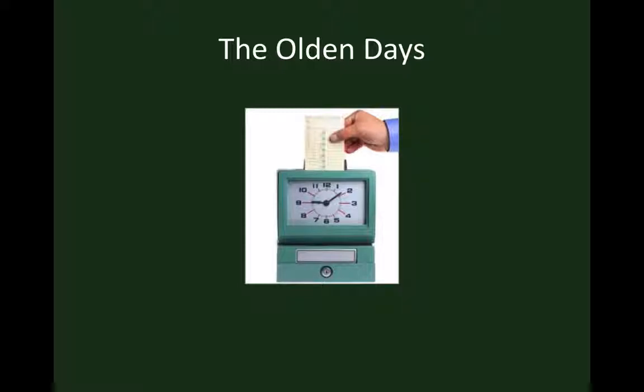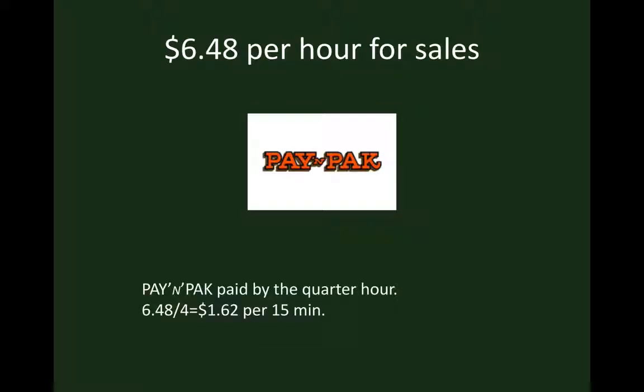This is a punch clock, and that card the man is holding there, I don't know, the hand is holding, would be called a punch card. The way it would work is you put that card in the clock, and then the clock would go chunk, and it would leave a little ink imprinted timestamp on there with the date and the time to the nearest minute. And that's how we would clock in back in the olden days.